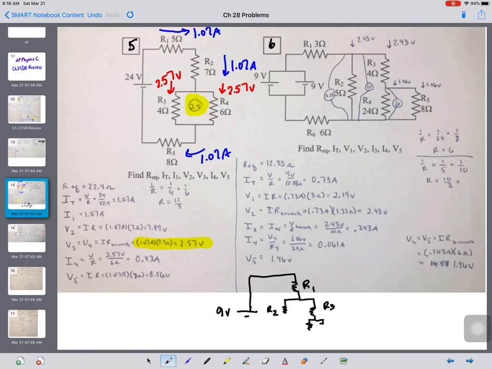Following R3, we split again. Sorry, this is so small. And we get to R4 and R5. After that, our wire from R2 joins back up, and we run into R6, and then we come back to the battery. So that would be R6 there.